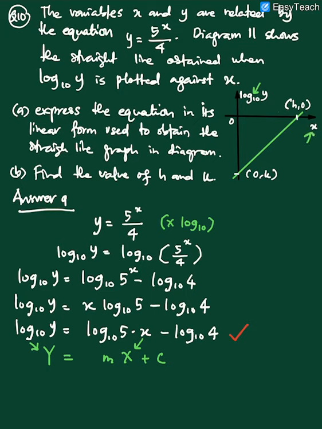Next, we want to find our h and k. For question (b), let's label first. Your k is your c, which equals the y-intercept, and your h is your x-intercept. How to find this?